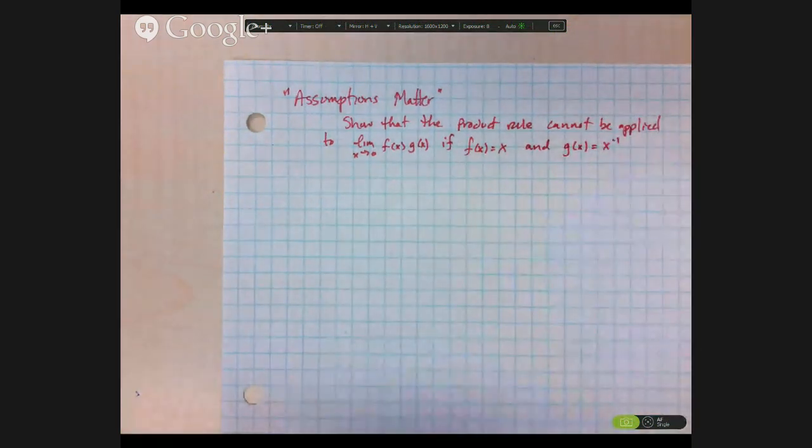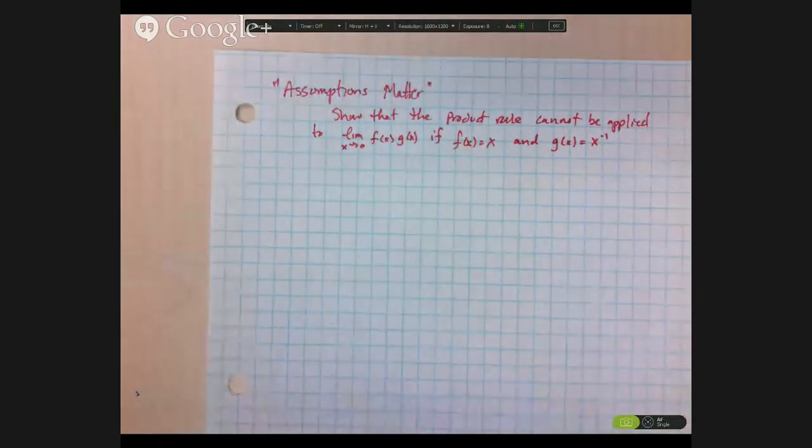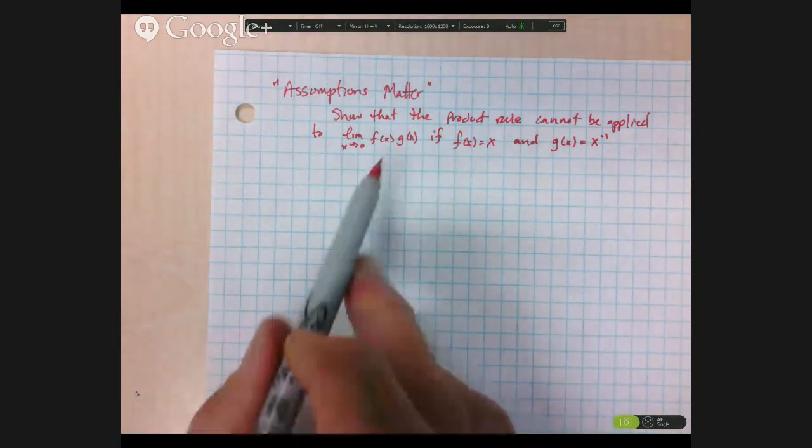So we're basically going to show that you don't get equal results. Remember that on the product rule, one of the assumptions is that this exists.